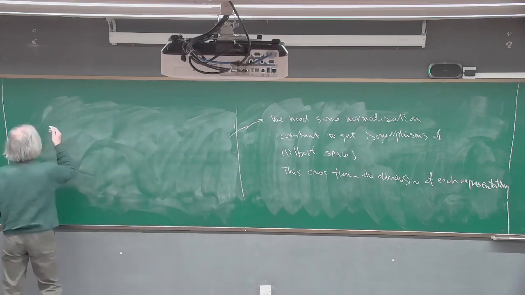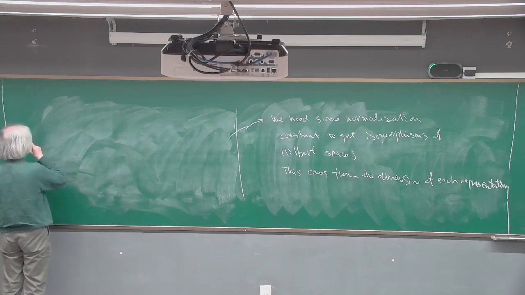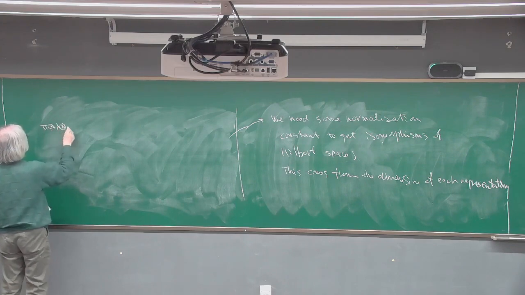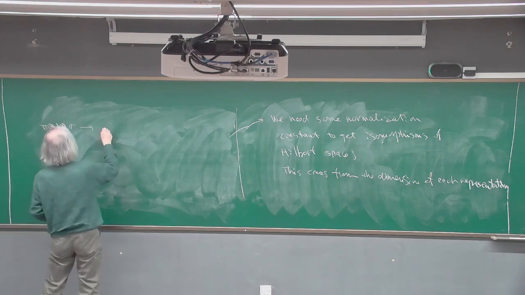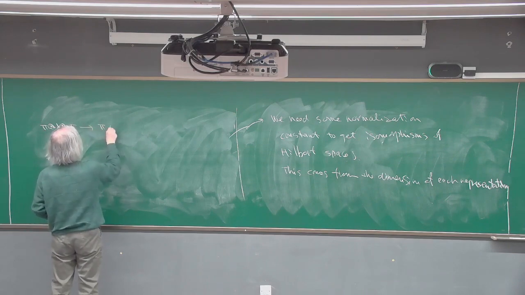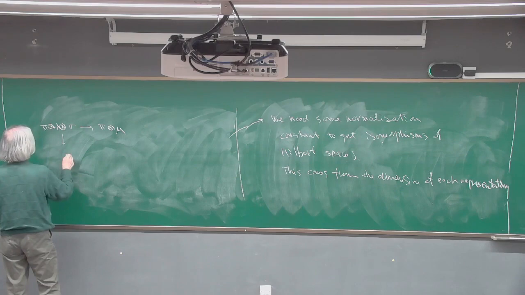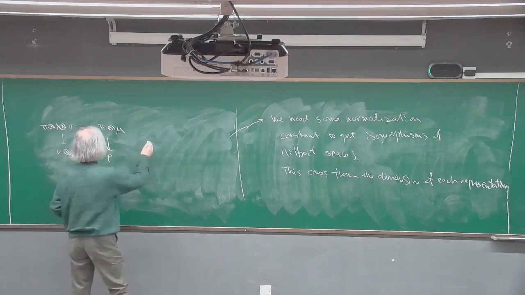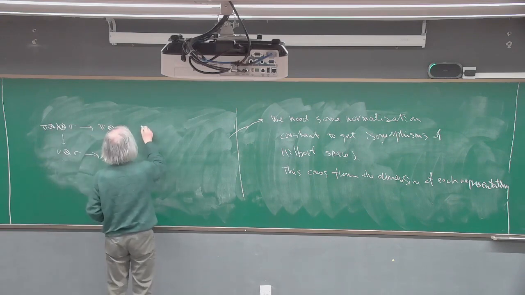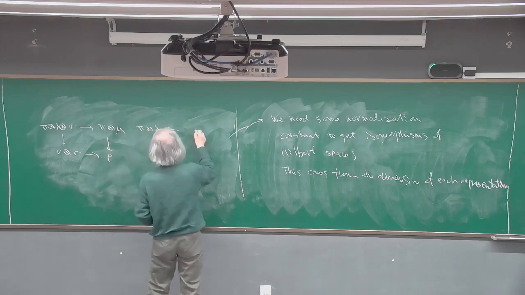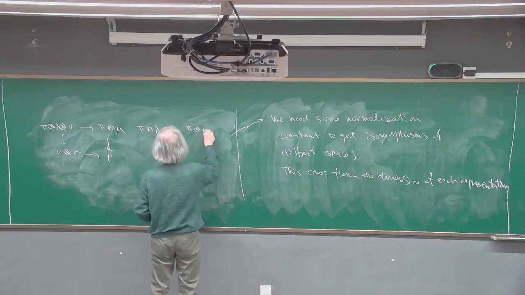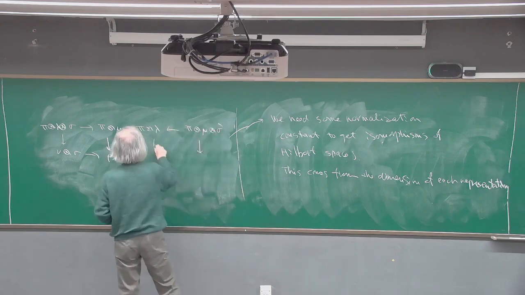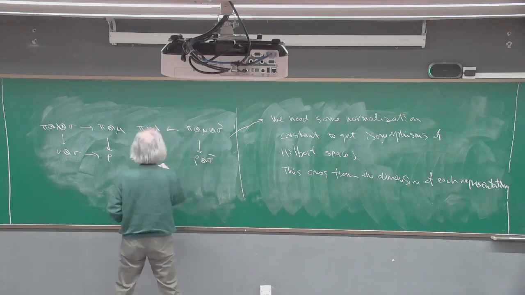Here we can reverse this thing, and then we have pi tensor mu tensor sigma bar, and rho times sigma bar and mu.